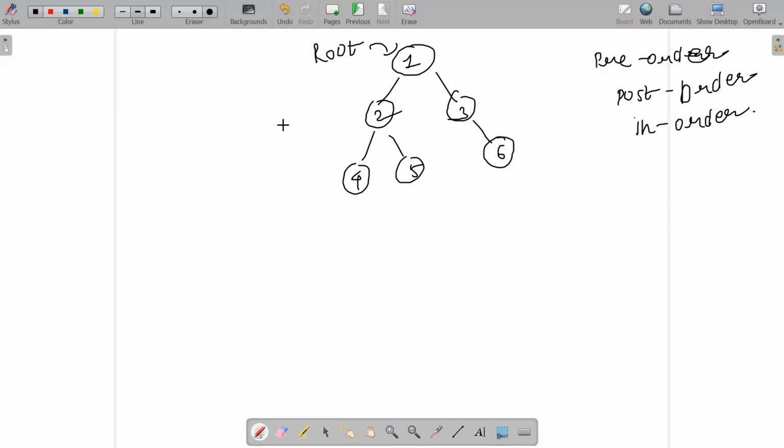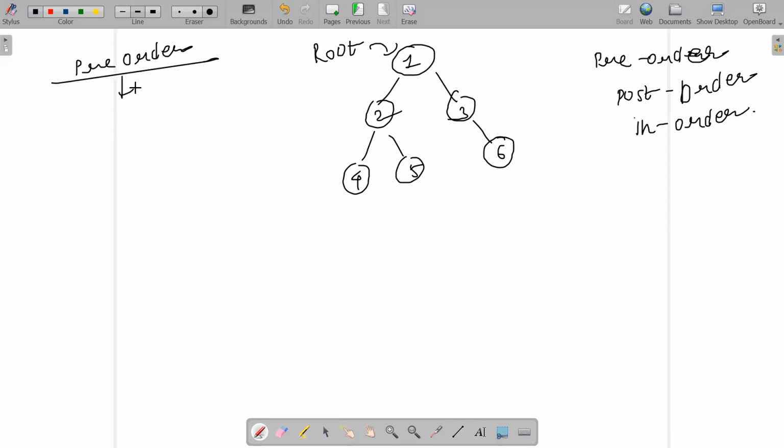How to go ahead and perform a pre-order traversal? Tell me that. How can I try visualizing pre-order? Let me know.